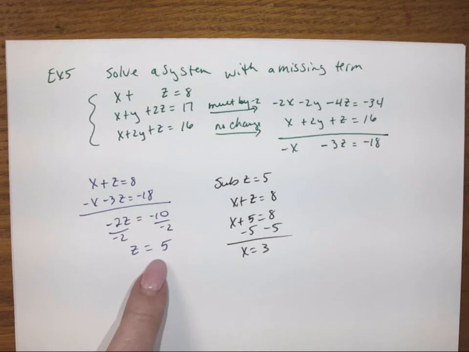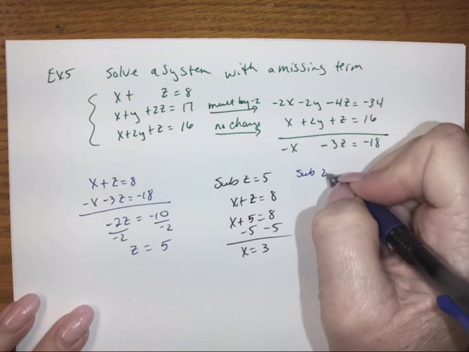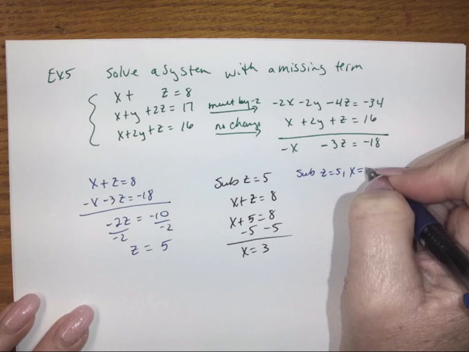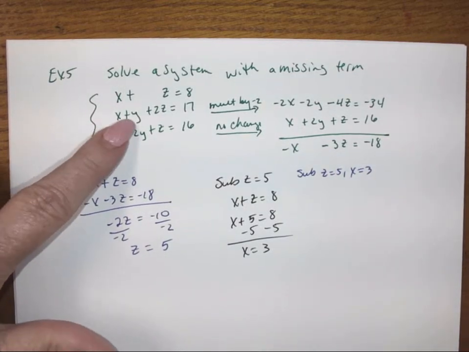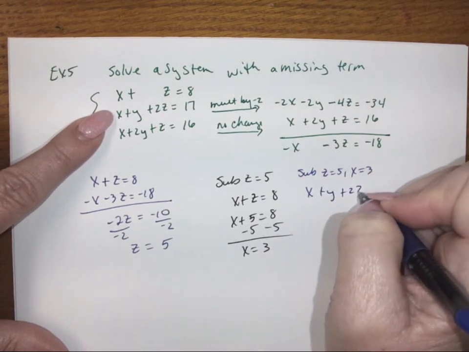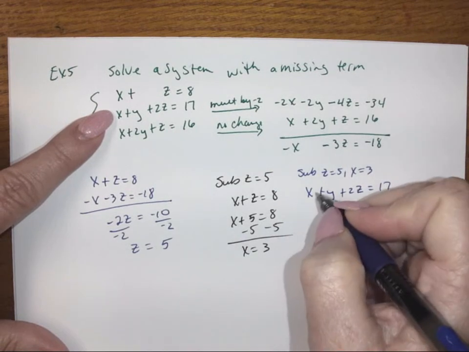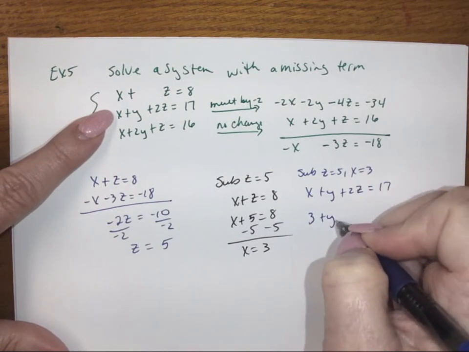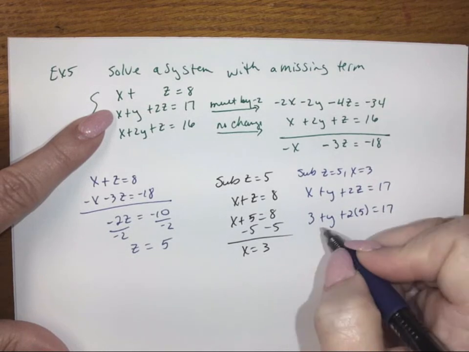So now I have z and x. I just need to find y. So now I can sub in z is equal to 5 and x equals 3. And I'm going to plug it into the second equation because I have a single y there. So x plus y plus 2z equals 17. So x is 3 plus y plus 2 times my z, which is 5, equals 17.